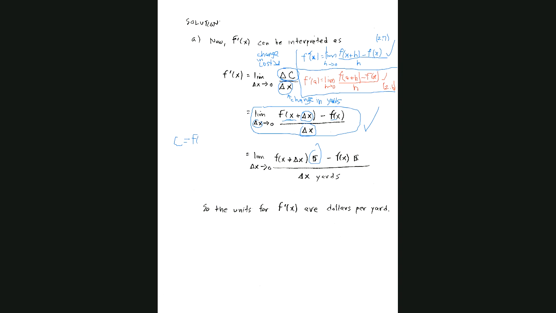So anytime I have a function evaluated at x, whether it's x or x plus delta x, the units are dollars. Delta x, x itself, is in yards. So the units for f prime of x are dollars per yard.